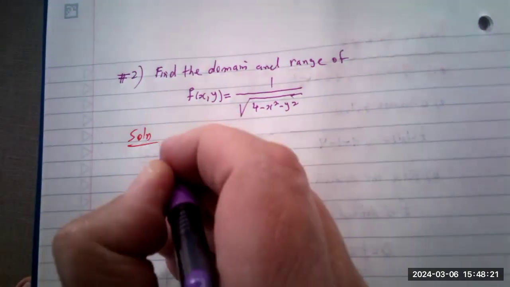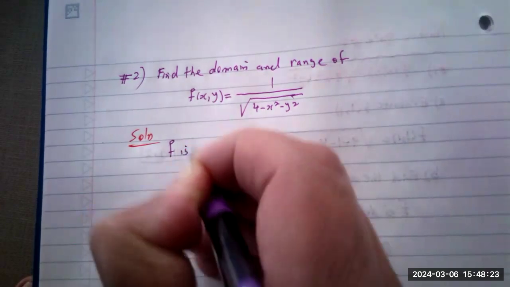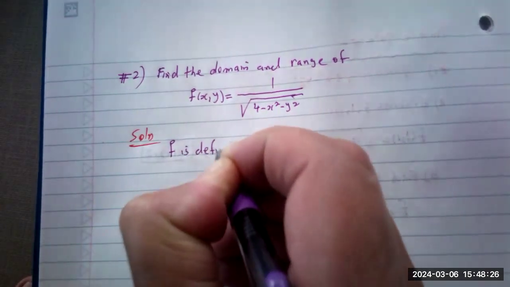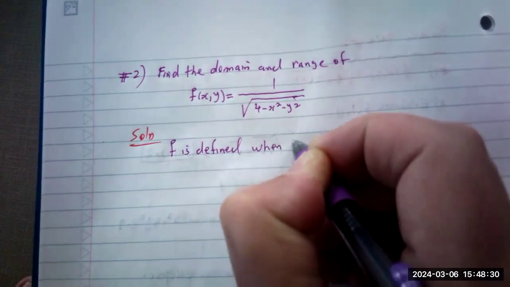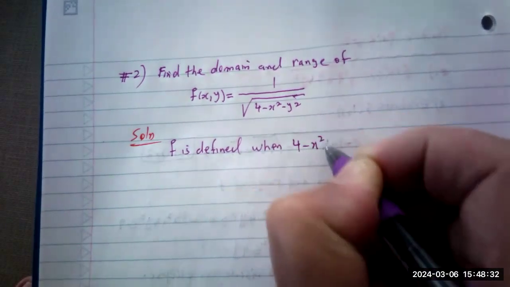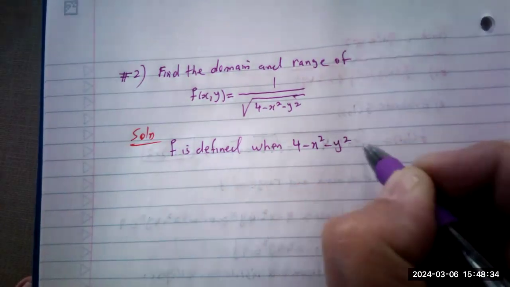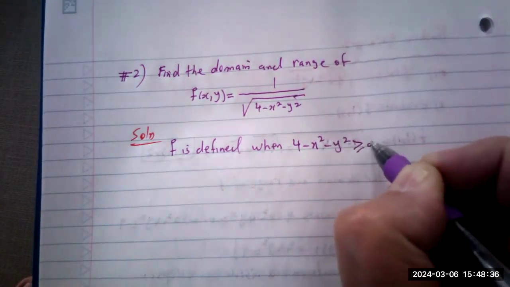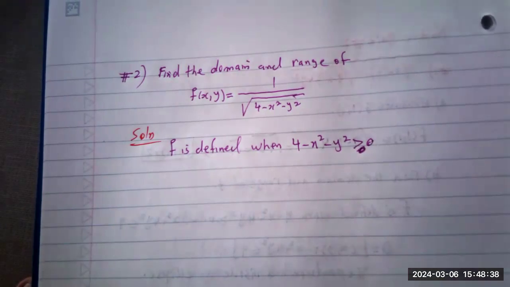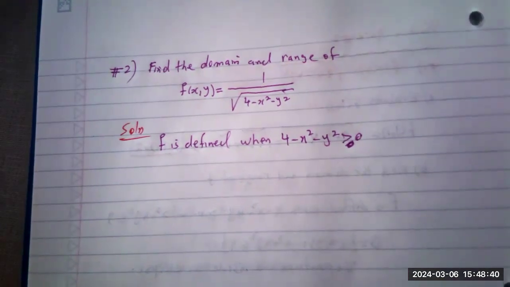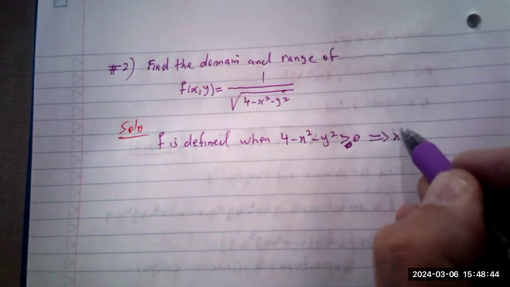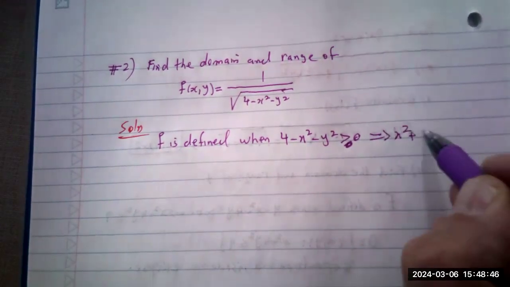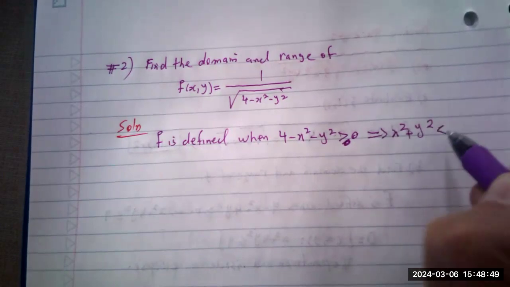We declare that f is going to be defined where this expression 4 minus x squared minus y squared is strictly bigger than 0. Not bigger than or equal to, just greater than 0. Which is the same as x squared plus y squared less than 4.